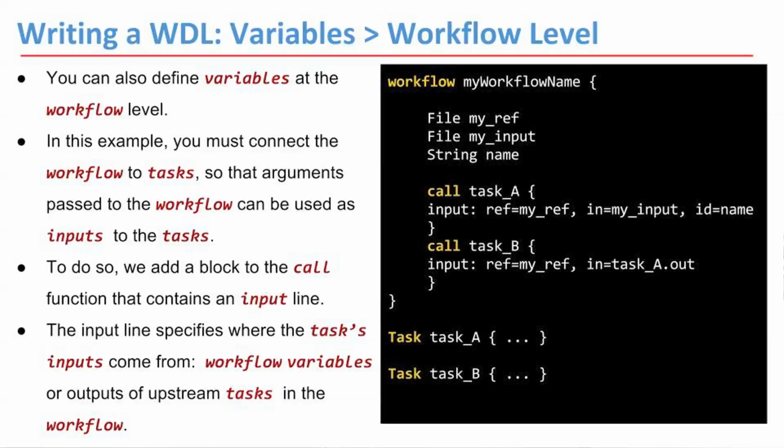Yes, what will show up in the method configuration is it'll ask for inputs, and it'll say, okay, there's a workflow level input. It'll be my workflow name.myref, my workflow name.my input, and my workflow name.name. And in the method configuration, you would then bind those workflow level inputs to attributes in your data model.